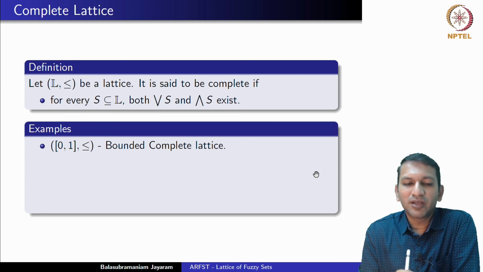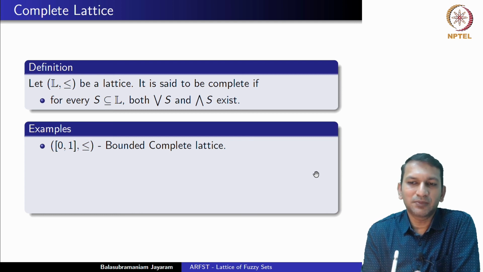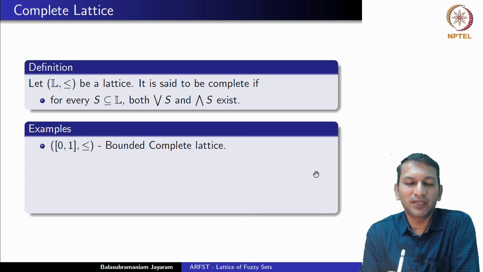Please note the supremum and the infimum of a set S, a subset of 0,1, need not belong to S itself. It has to belong to the larger set, the superset of it. So any subset of the 0,1 interval will have both its infimum and supremum. Thus, the 0,1 interval with the usual order is not just a bounded poset, it is a bounded lattice.